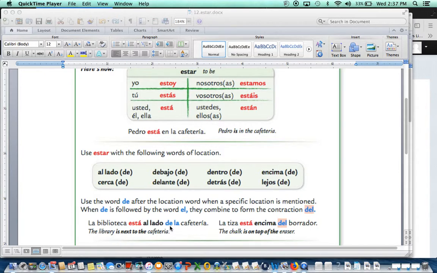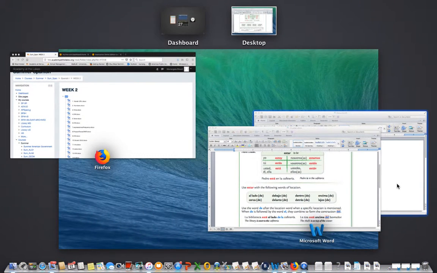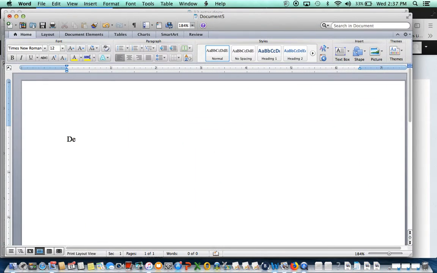So you have de plus the, but be careful when that the is el, you cannot say de el, okay? That's wrong in Spanish. You can say de la, you can say de las, and you can say de los, but you cannot say de el. De el is equal to del, okay?